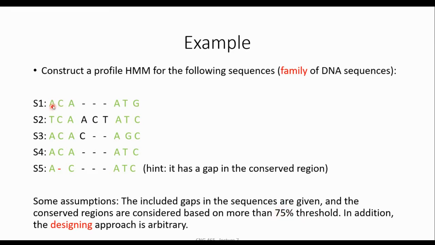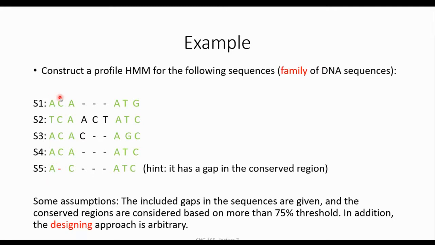Now I have the highest relative frequency for nucleotide A. Let's see for A, what's the percentage? It is 4/5 of the cases that I have the A nucleotide. So 80%, which is more than 75%, I have A in the first position. So it means that this one you can consider as a conserved region.